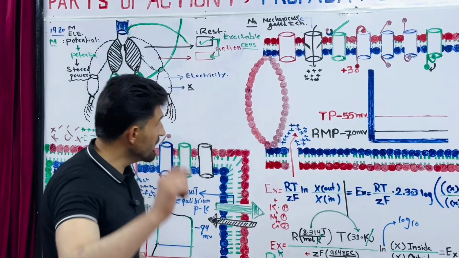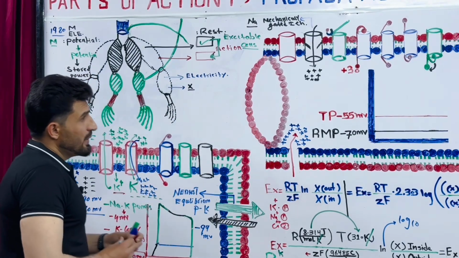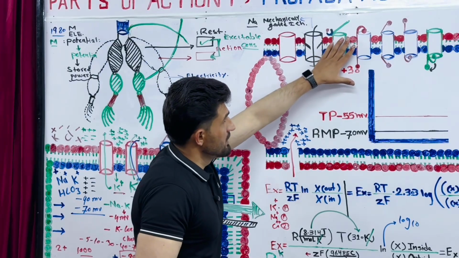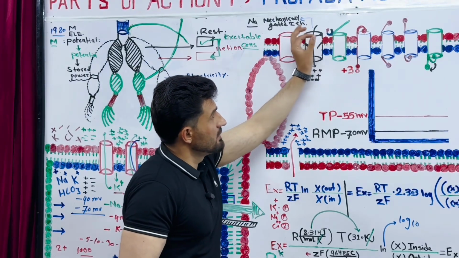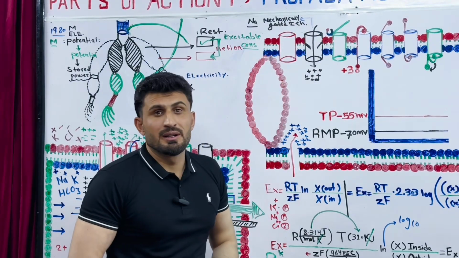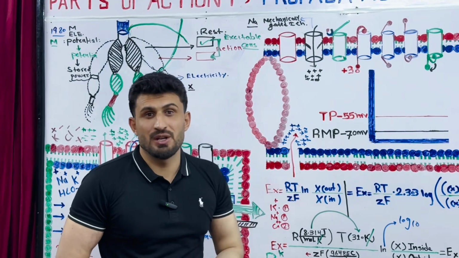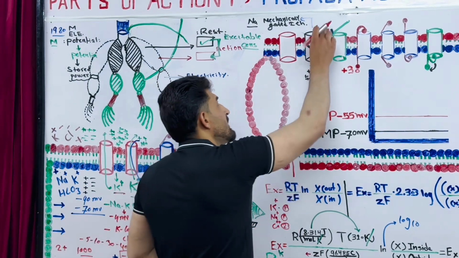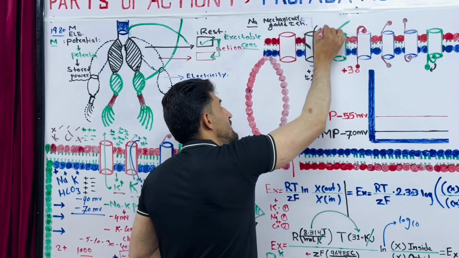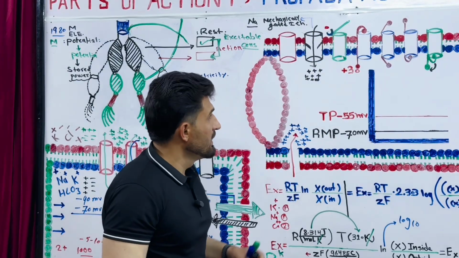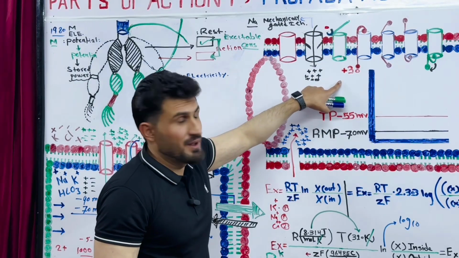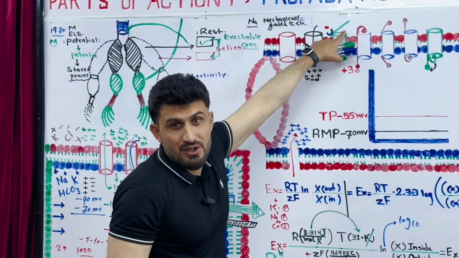Okay. Next way, we can enter some positive charges through stimulation of some chemical or ligand gated ion channels. For example, this is a chemical substance which is called acetylcholine, that we will explain at the neuromuscular junction lecture.